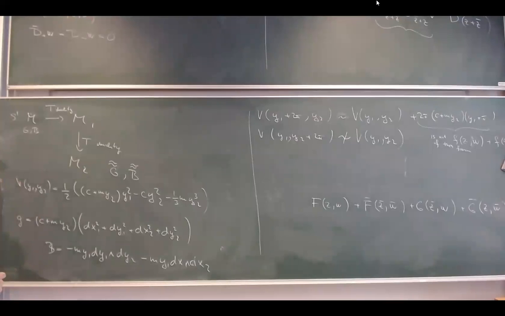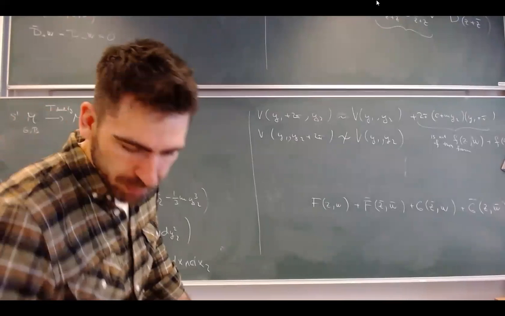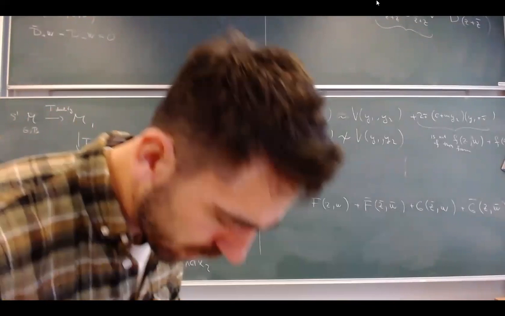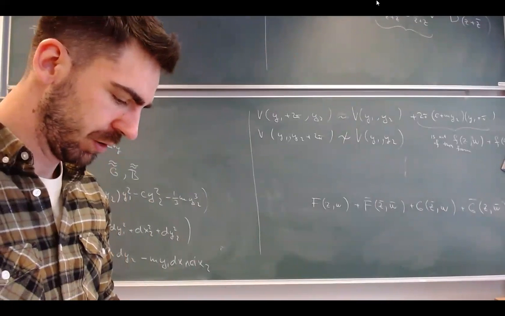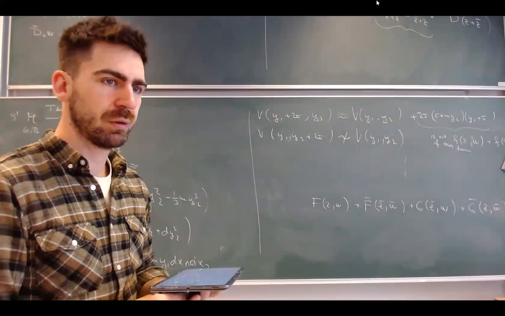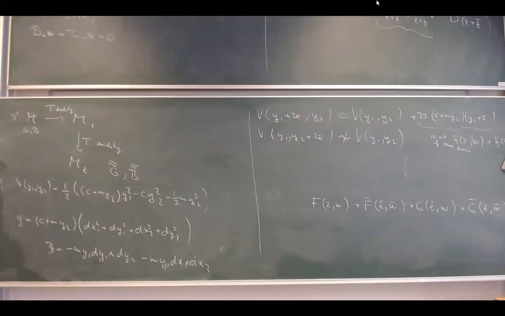So where did you start to get it? It doesn't matter where you start, I guess. I would be surprised if you start in something which is more ugly and then something which is simpler. This describes the smeared NS5. Because it's T-dual, if you take the T-dual in the transverse direction, maybe you will get something non-smeared. I don't really know.